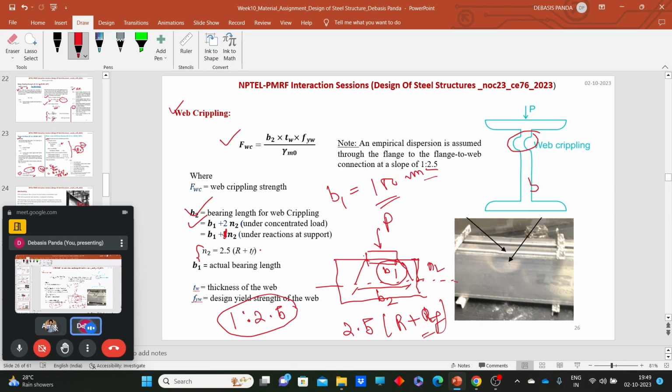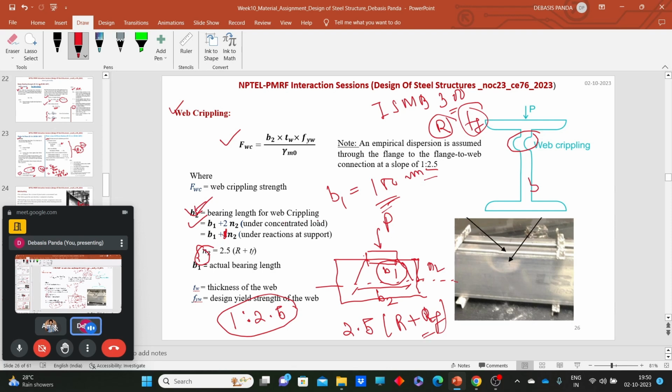If we have a section like ISMB 300, we have a particular r, the root radius, which we can get from SP 6, and we have the thickness of the flange. When we have these values and the bearing length, we can easily calculate the value of n2. And when we have calculated n2, we can directly calculate the value of b2 under the concentrated load.